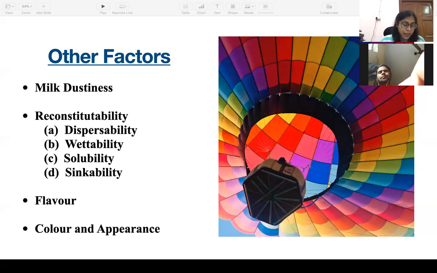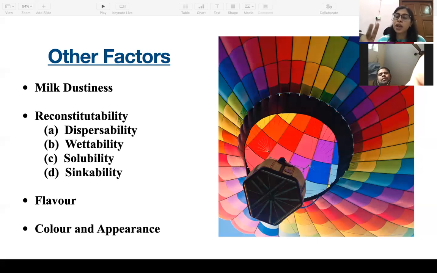Okay, fine. Then comes flavor. Flavor is dependent on two parts. First is the grade of milk used. Flavor of the milk powder can never be better than the flavor of the milk produced. And second is the technique of drying used.